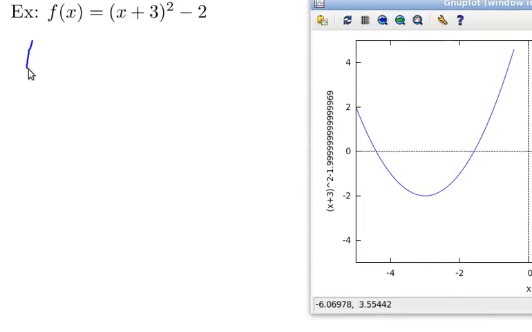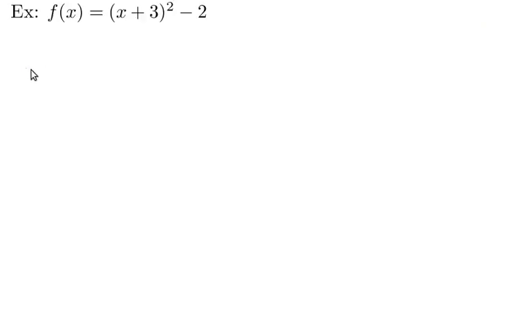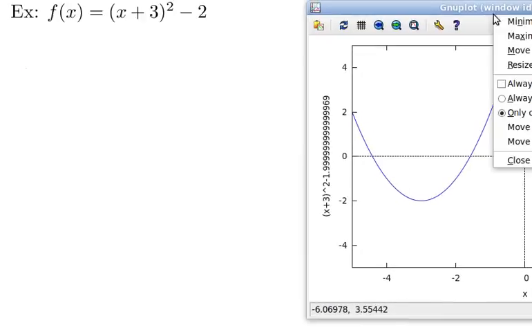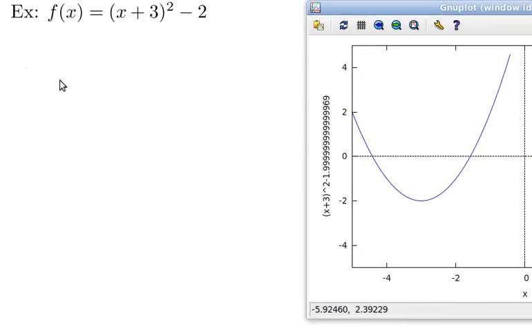So we have x plus 3 quantity squared is x squared plus 6x plus 9 minus 2.